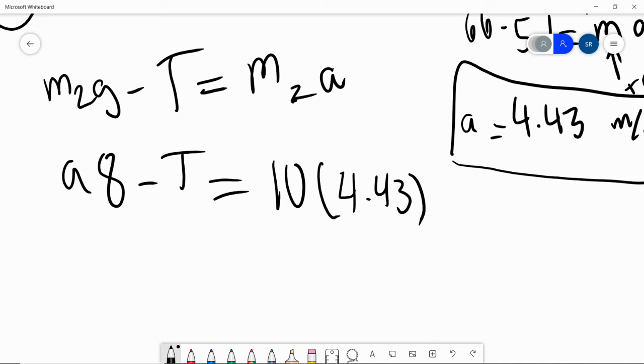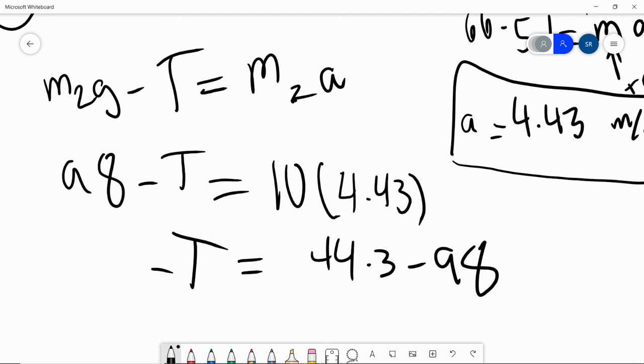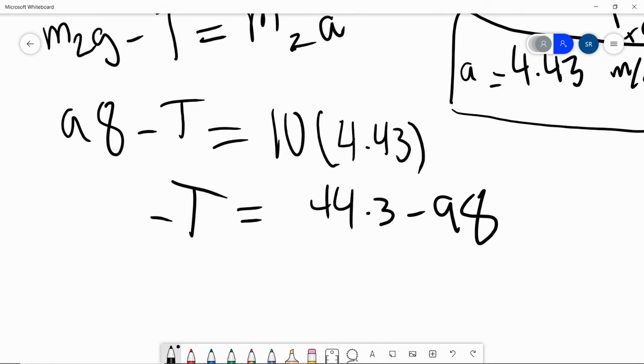Then we're going to move the 98 to the other side, which is going to be a negative 98, so it will be 44.3 minus 98. And on the other side, we still have that negative T, which we'll take care of in a second. We'll do 44.3 minus 98.